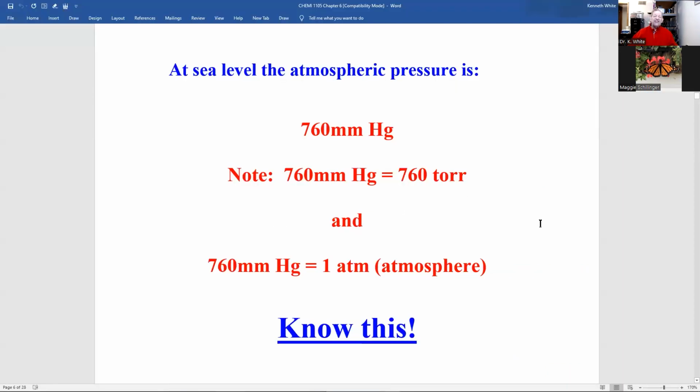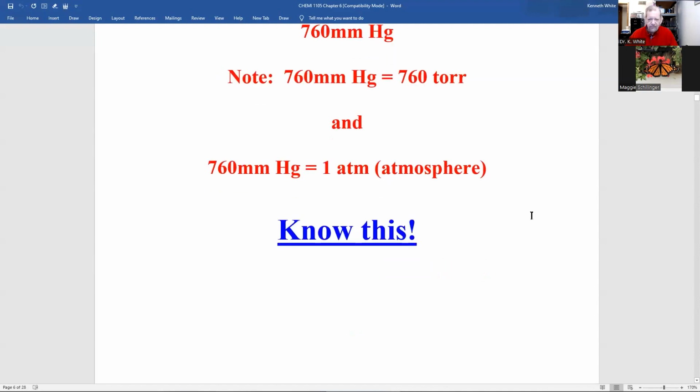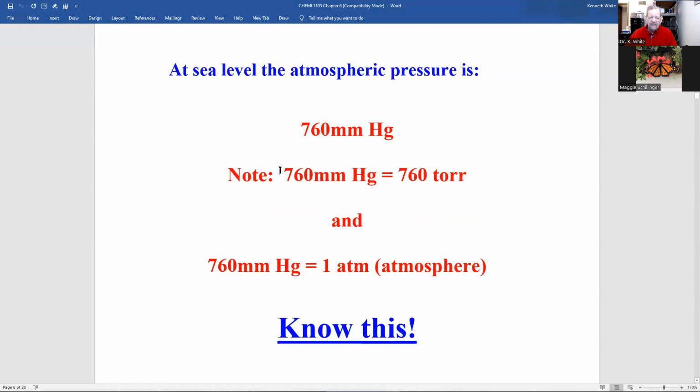So at sea level, it's defined as 760 millimeters of mercury, and since 1 millimeter of mercury equals 1 torr, it also equals 760 torr.